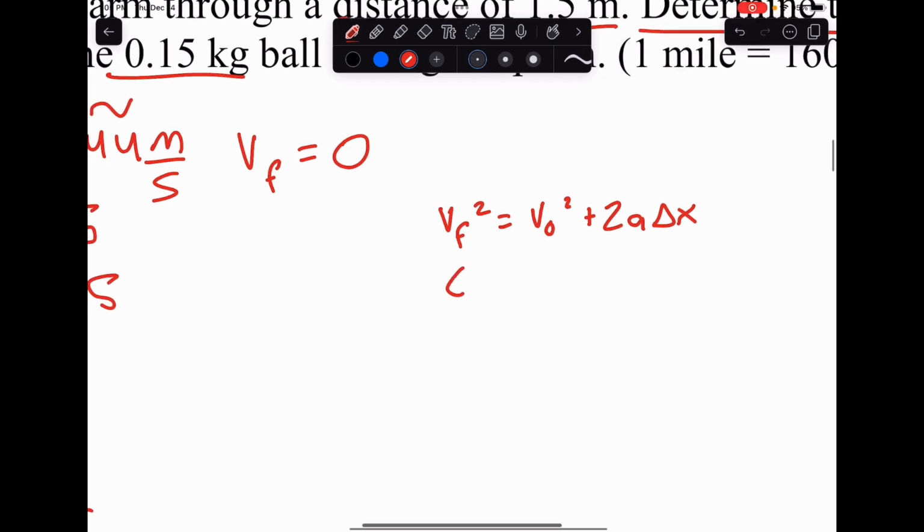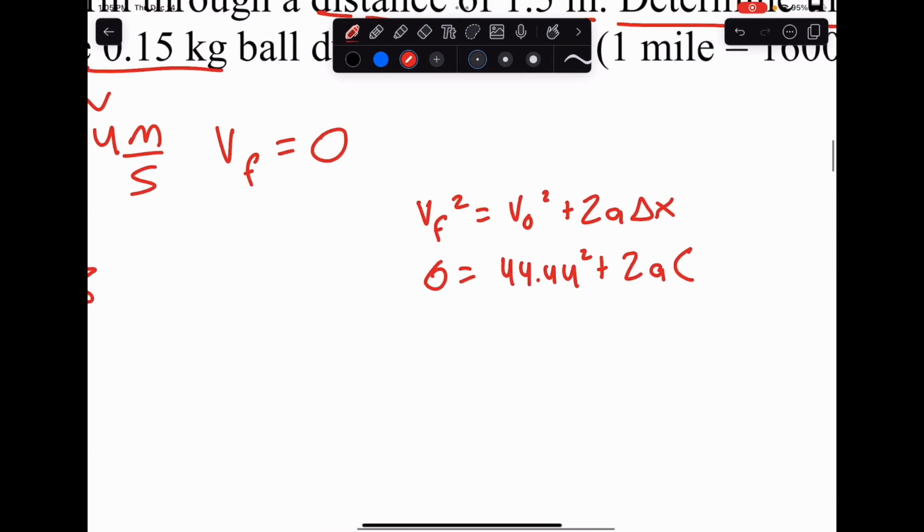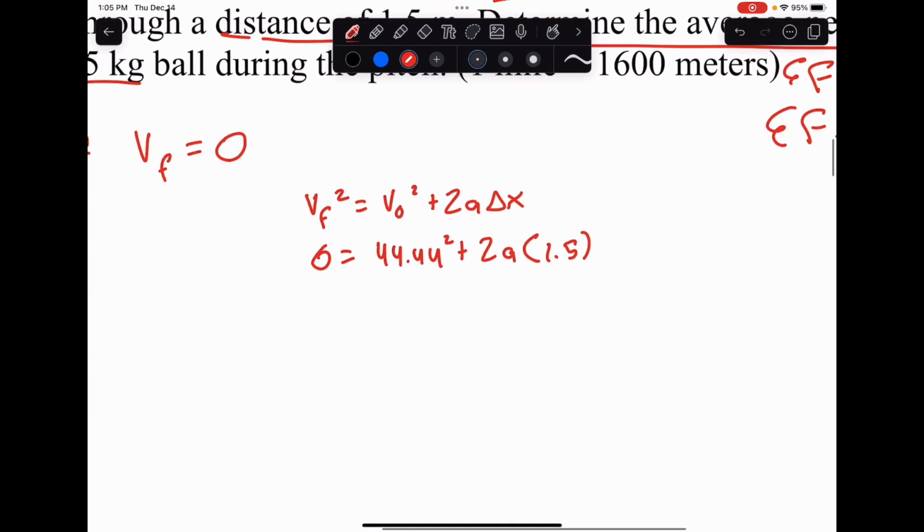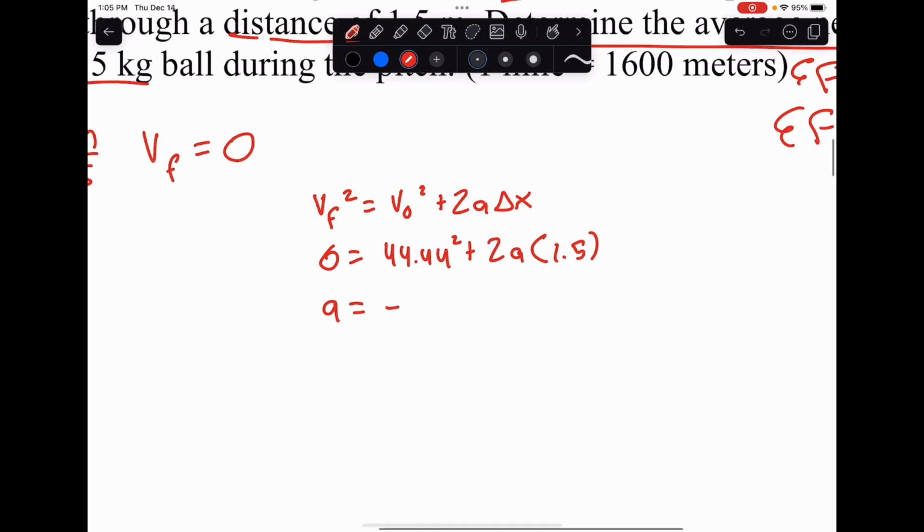So let's take 0 equals 44.44 squared plus 2A delta X, where delta X is 1.5. So let's take that, and we get acceleration equals negative 44.44 squared over 3. So we get negative 658.436 meters per second squared.